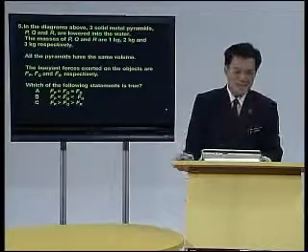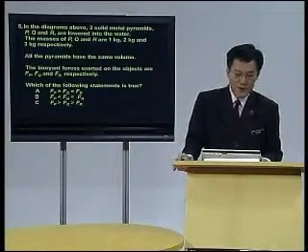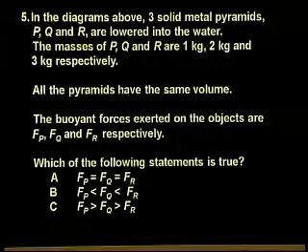Okay, let's read the question again. I have summarized for you. In the diagrams above, three solid metal pyramids, P, Q, and R, are lowered into the water, completely immersed. The masses of P, Q, R are 1 kg, 2 kg, and 3 kg respectively. But all the pyramids have the same volume, every one of them.